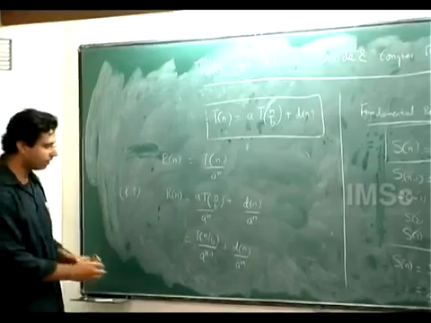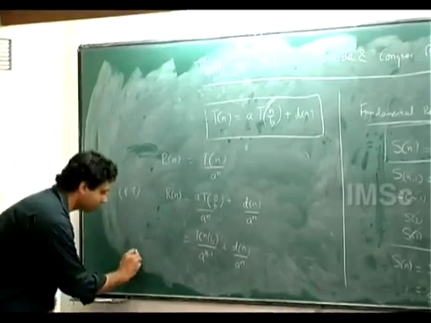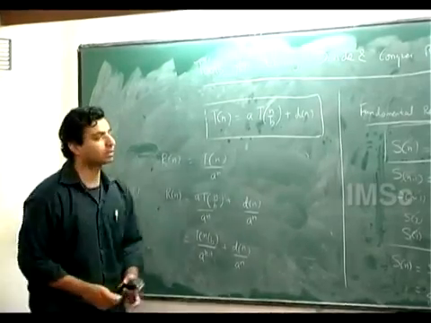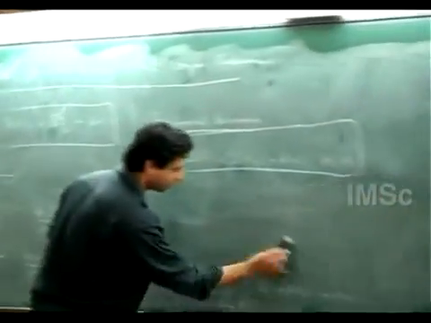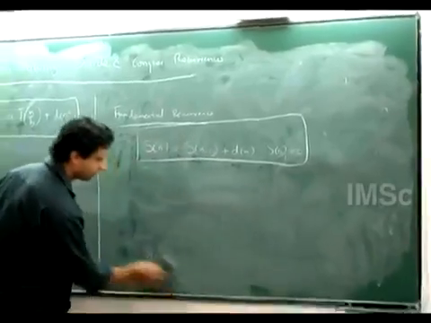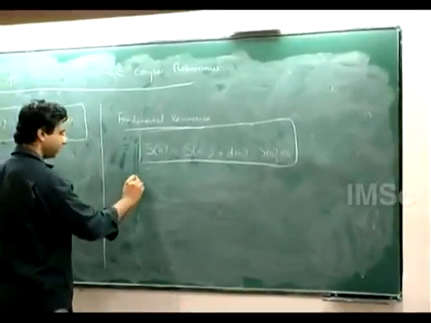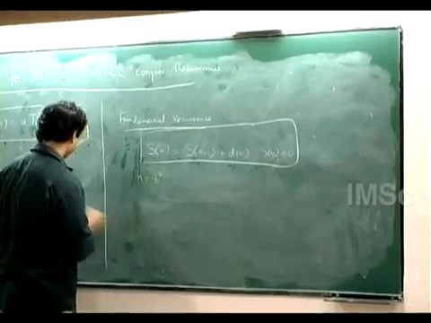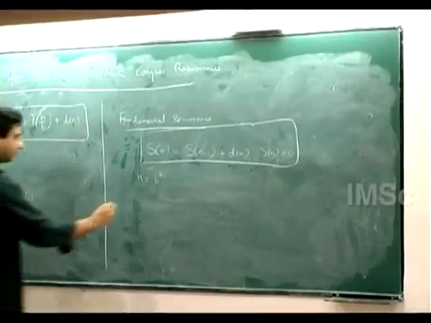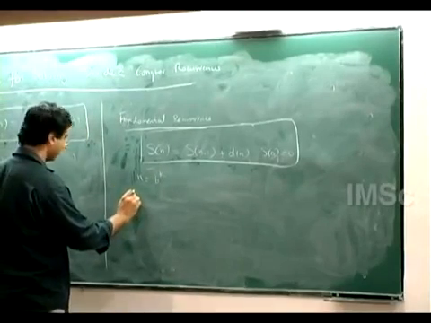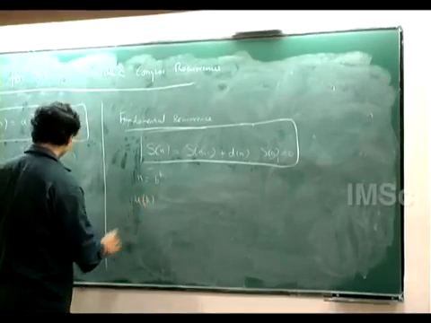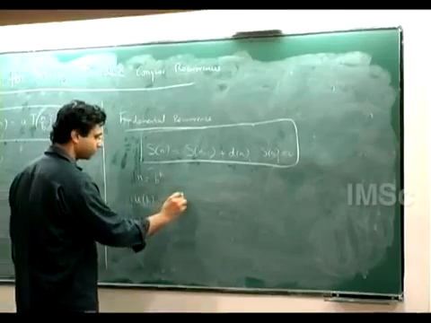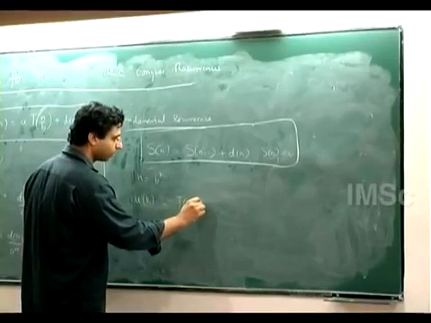So if I plug in n equal to b raised to k, then U of k is T of b raised to k minus 1.